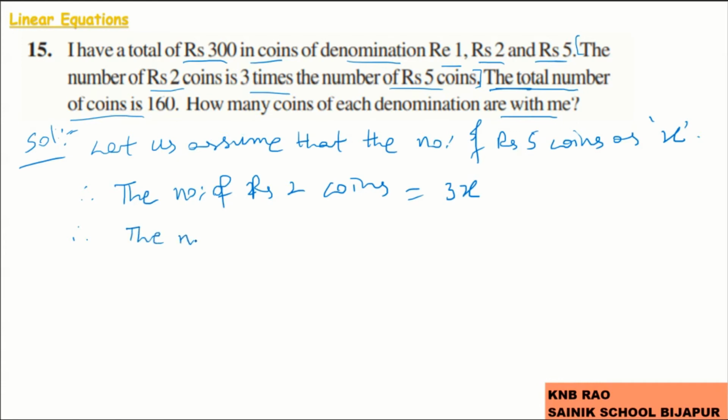With that I can say the number of 1 rupee coins will be from 160.